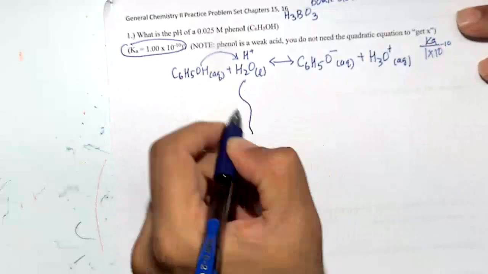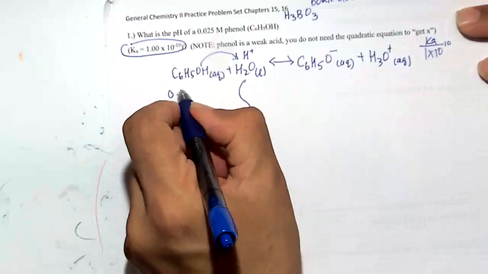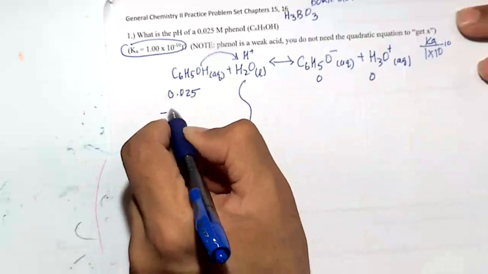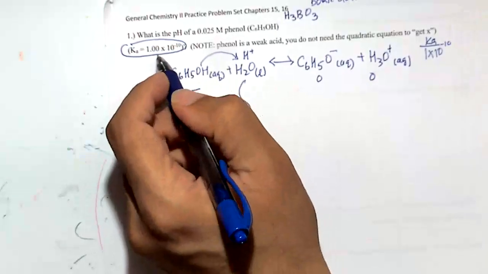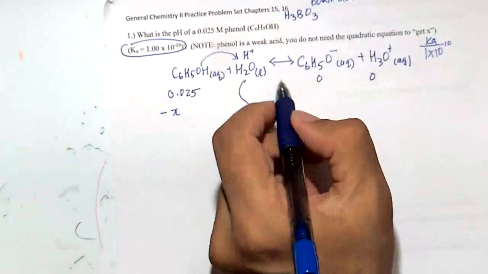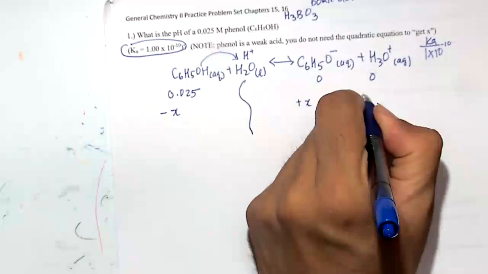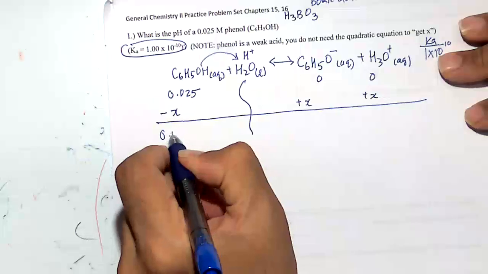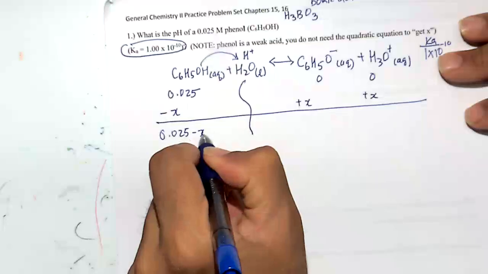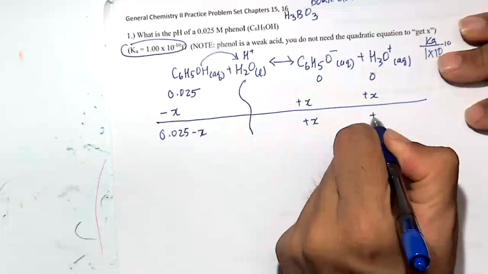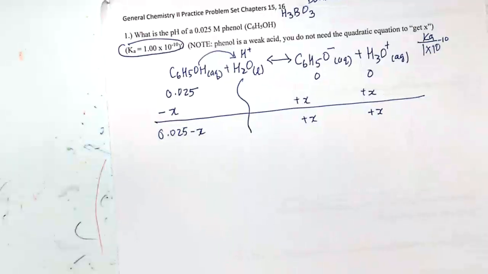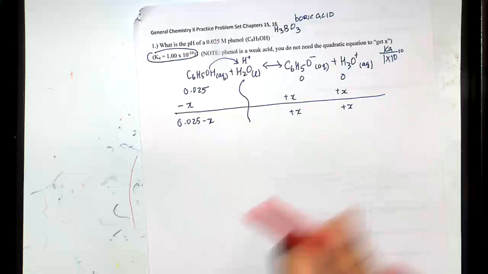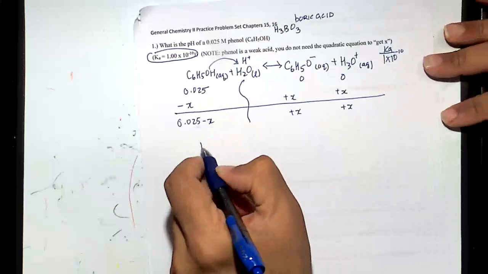And then we have, you don't worry about the liquid here, 0.025, this is 0, this is 0. When you have a bottle of phenol, some of it will go this way, and this will be plus X and plus X. So this is going to be 0.025 minus X, plus X, and then plus X. We'll plug it into the equation here.